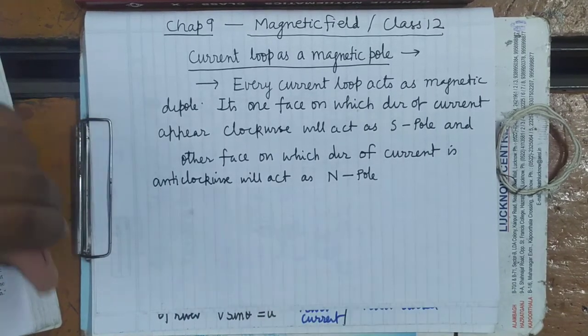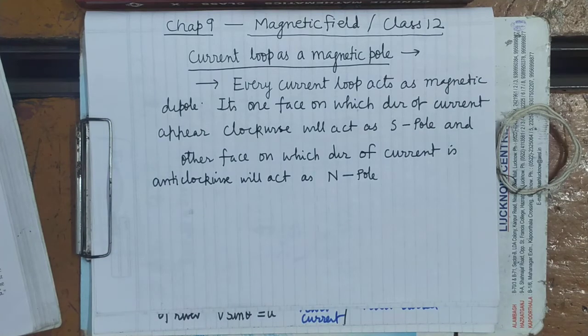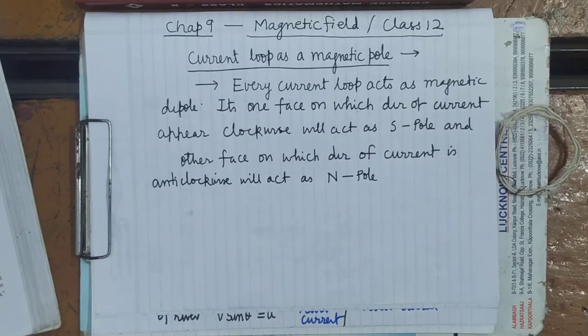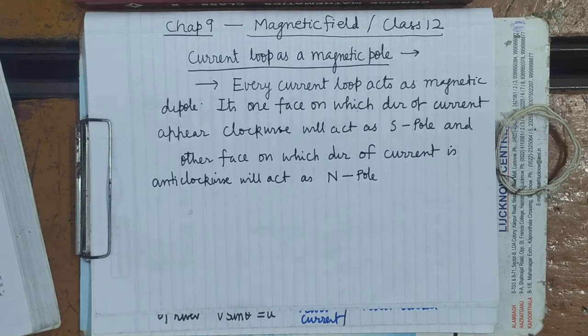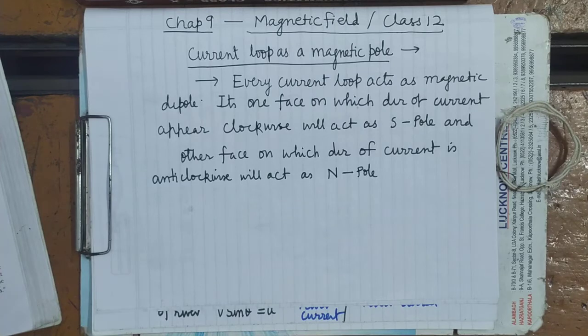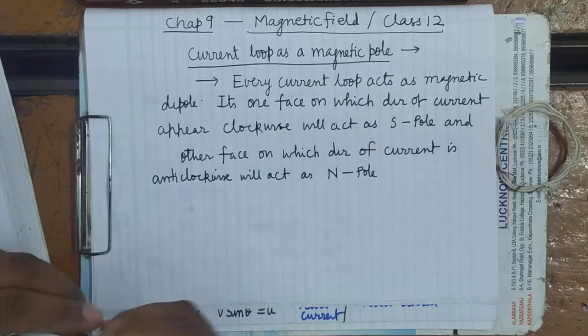These things I have already told. I am showing it to you by the diagram. If the current direction is clockwise, then it will be the south pole. If it is anti-clockwise, then it will be the north pole.